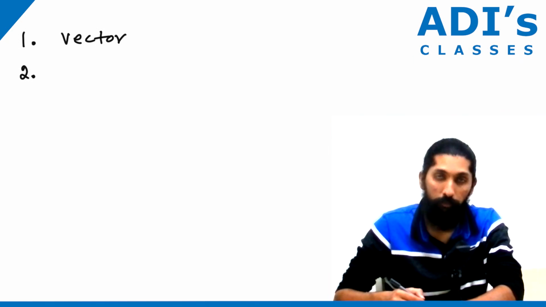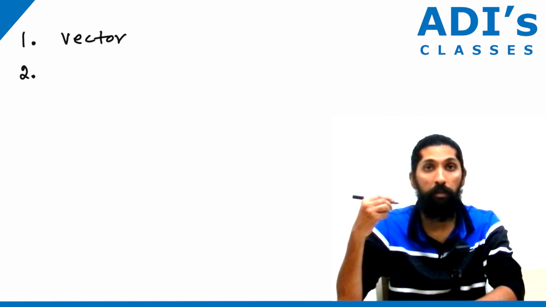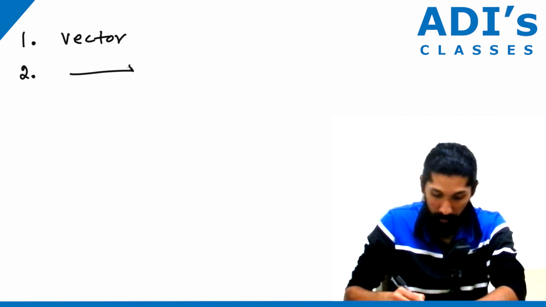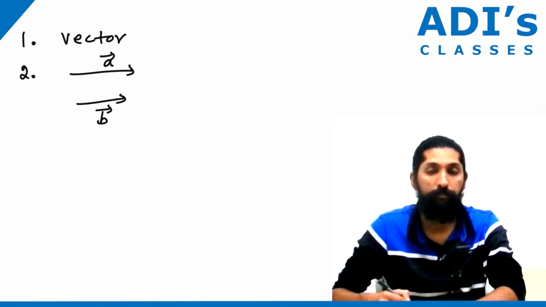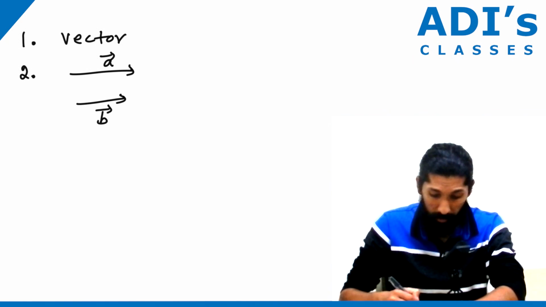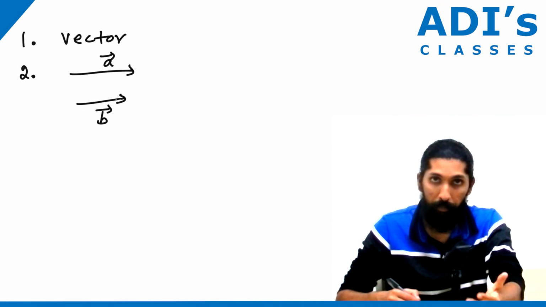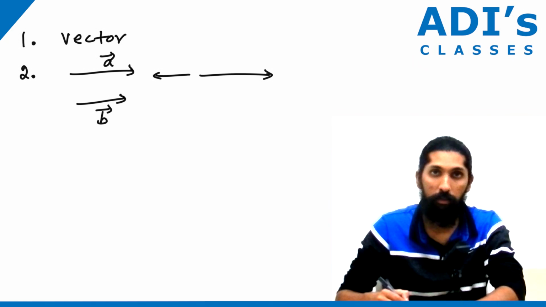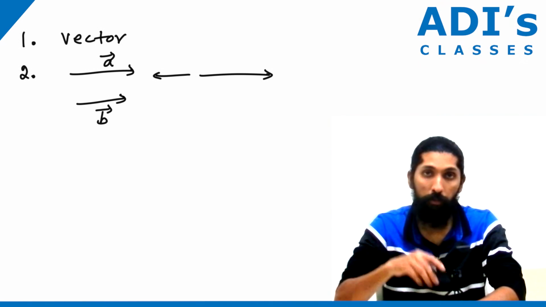The second one is that whenever we have two vectors, let's say those two vectors are parallel to each other. Say this is one vector, vector A, and this is one more vector, vector B. If they're parallel, or collinear, or anti-parallel, like this also, in all these cases the cross product becomes 0.